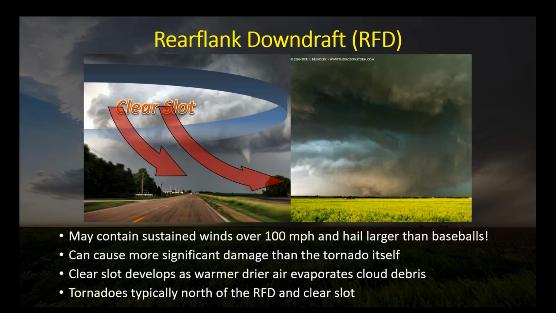Scattered large precipitation particles of rain and hail at the interface between the clear slot and the wall cloud may show up on radar as a hook or pendant. Thus, the presence of a hook or pendant usually indicates the presence of an RFD. RFDs can have very strong winds in excess of 100 miles per hour and sometimes very large hail as well. The strong winds may cause more significant damage than the tornado itself.